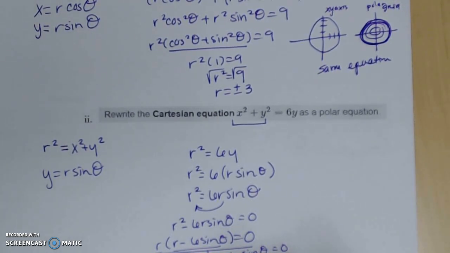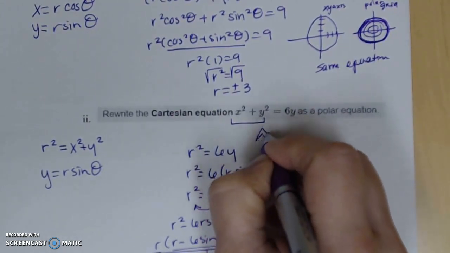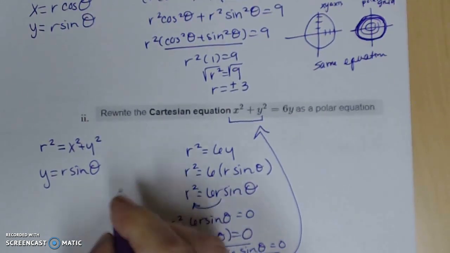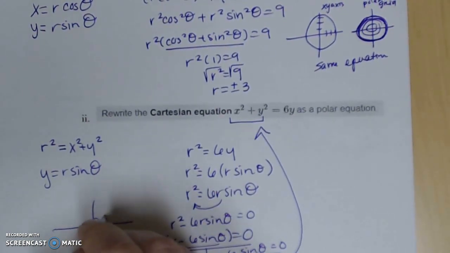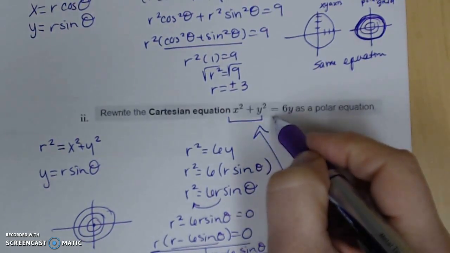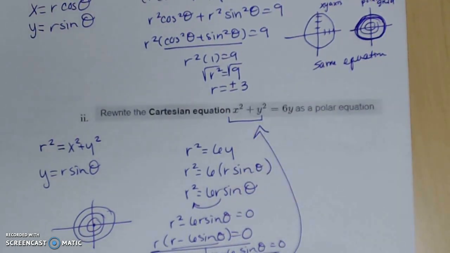This gives me r equal to 6 sine theta. And this would be the equation that would compare to this. R equals 0, if you think about your polar grid, that would just be at your pole, so that does not create the same equation as this one. But r equal to 6 sine theta, this creates the equation that I need.